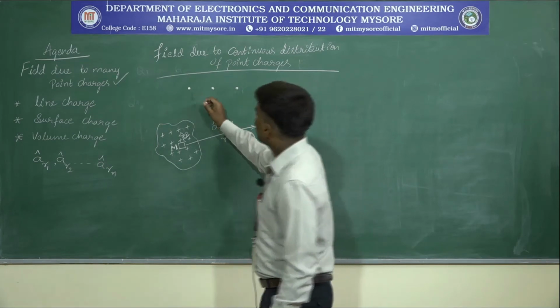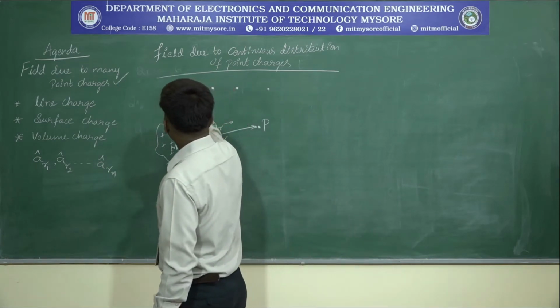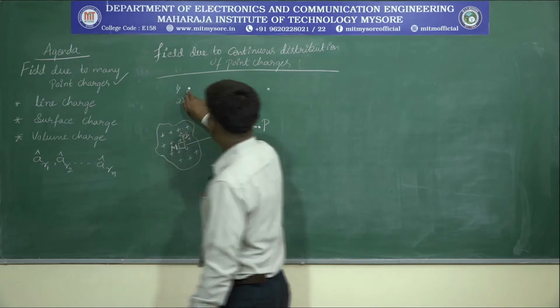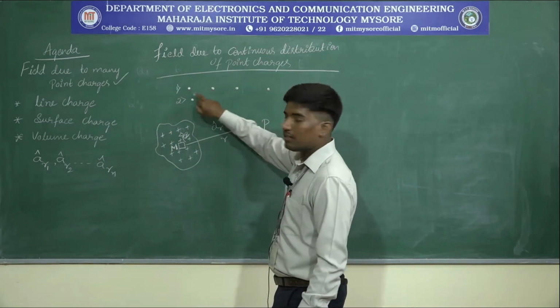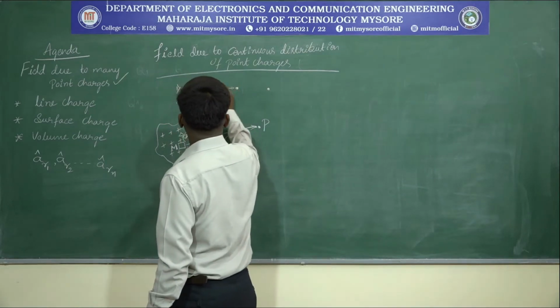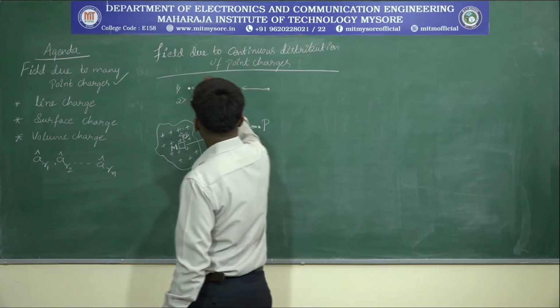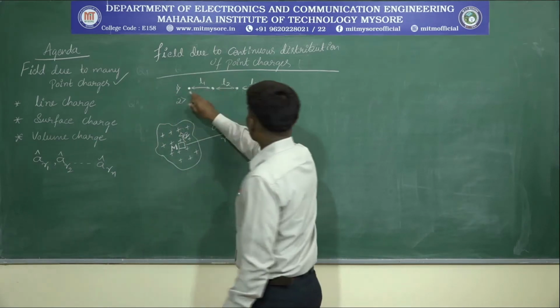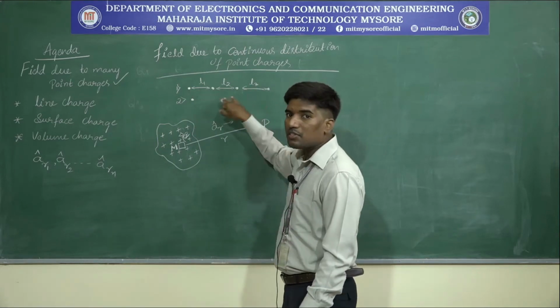Now coming to the second example, you can easily identify the distinct length between each point charge, right? Hence, this kind of arrangement is called a discrete arrangement.